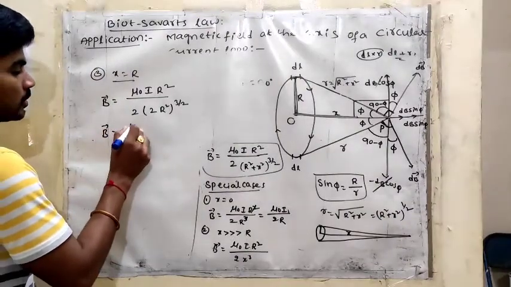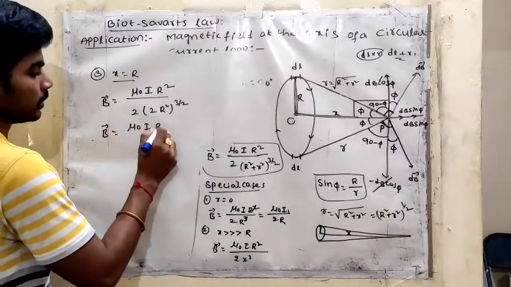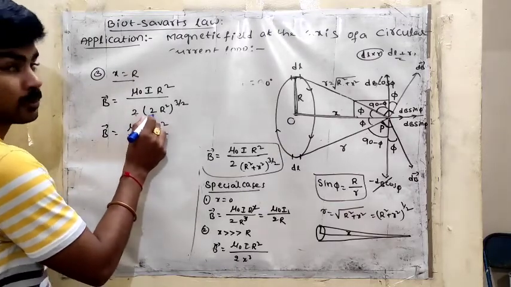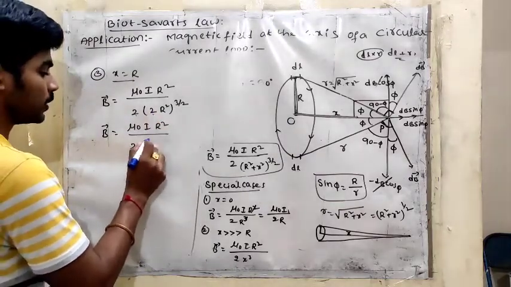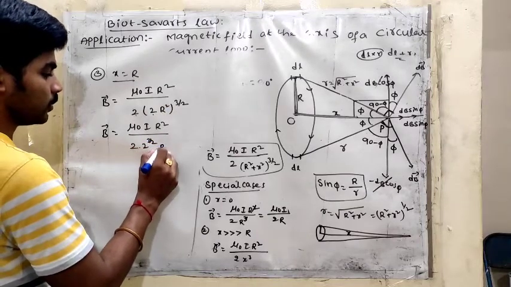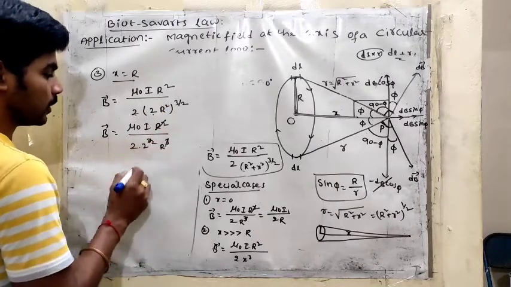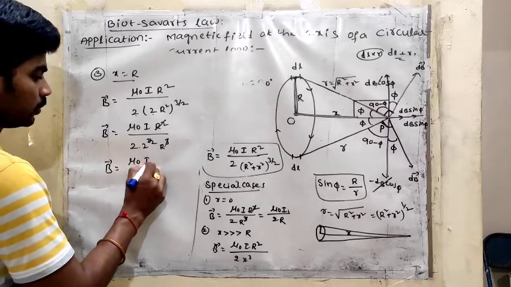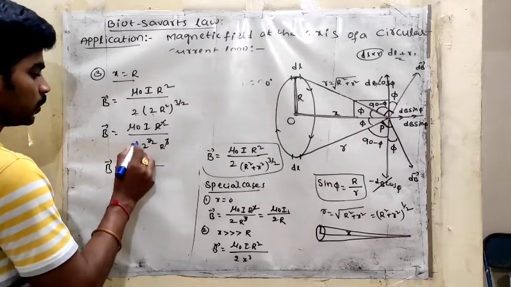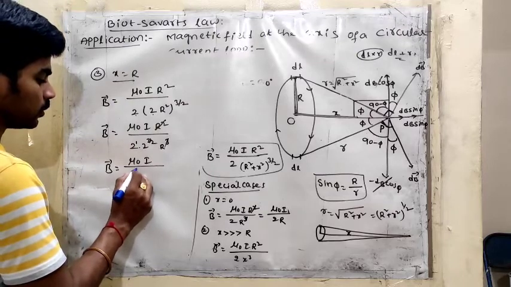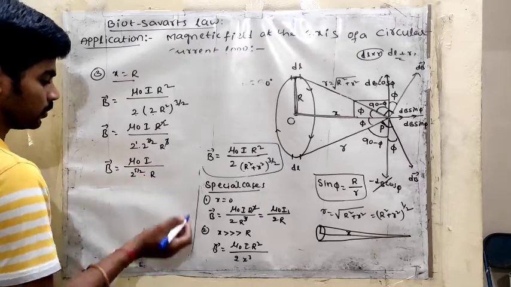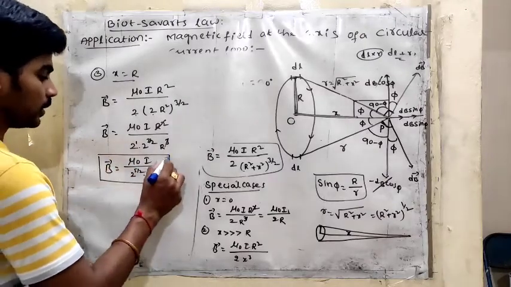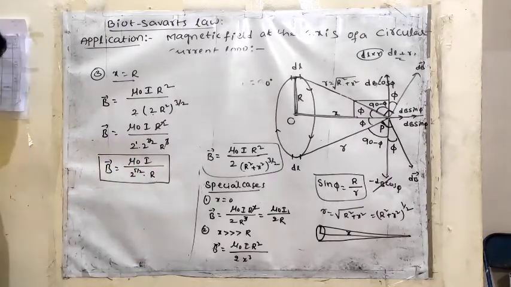So B bar is equal to mu naught I r square by 2 into 2 power 3 by 2 r cube, r square and r cube cancel. So B bar is equal to mu naught I by 2 power 1 into 2 power 3 by 2, so 2 power 5 by 2 into r. Okay, so x is equal to r, we get this one.